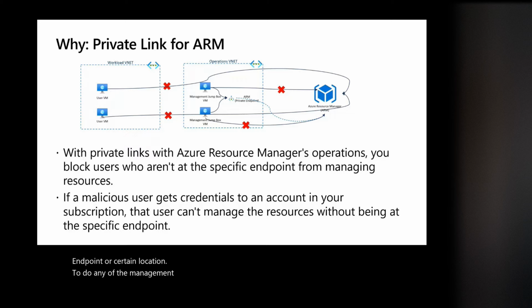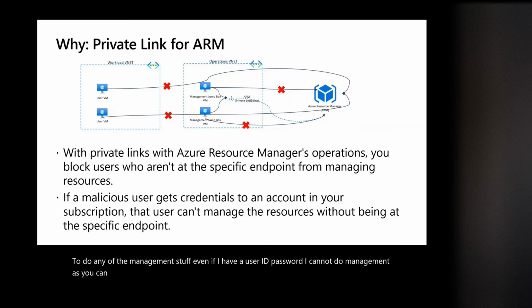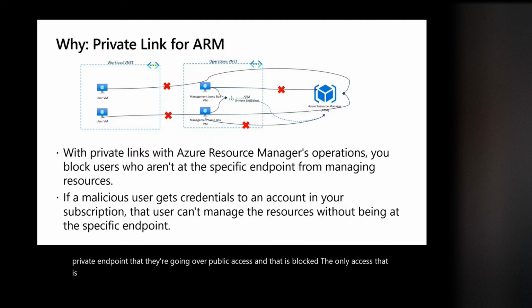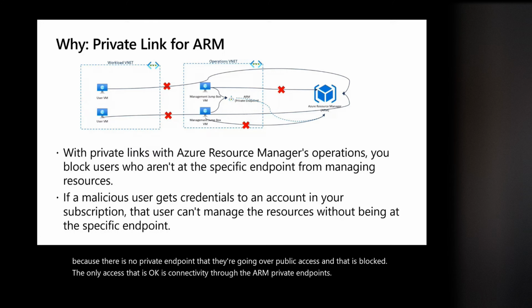Even if I have a user ID and password, I cannot do management. As you can see from the user VMs, which are in the workload VNet, you can't, because there is no private endpoint and they're going over public access, and that is blocked. The only access that is okay is connectivity through the ARM private endpoint. Any questions?